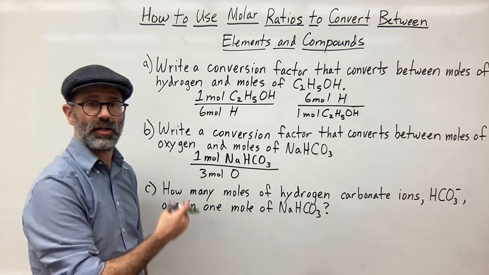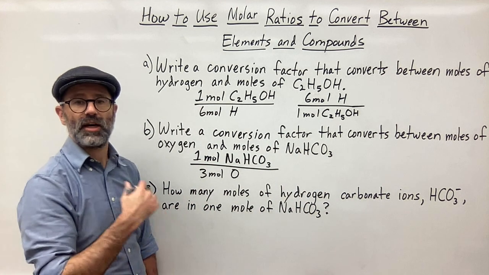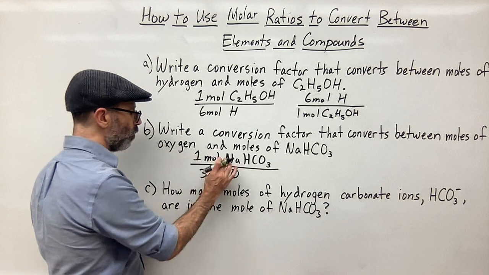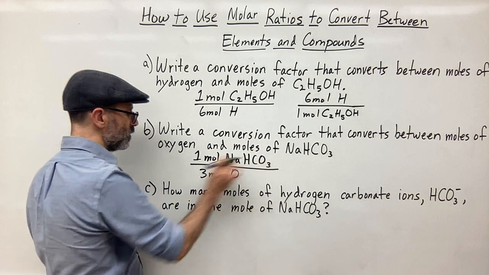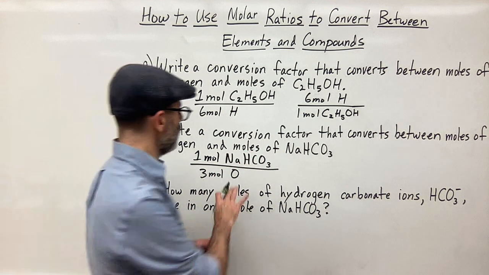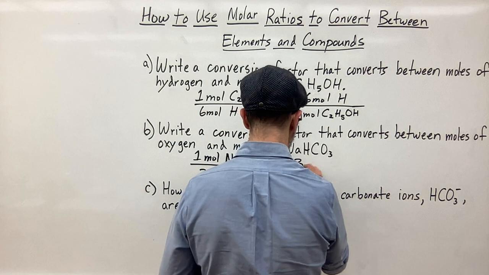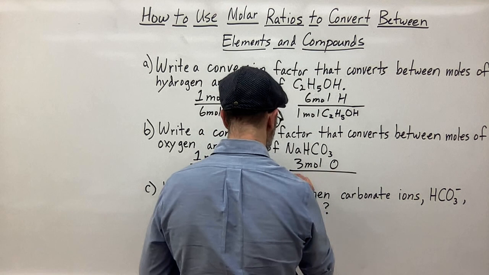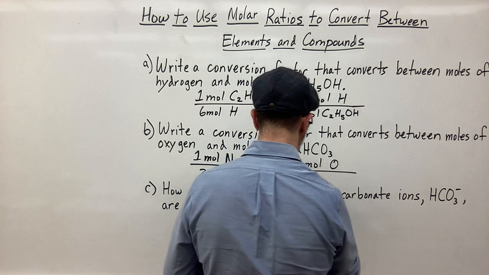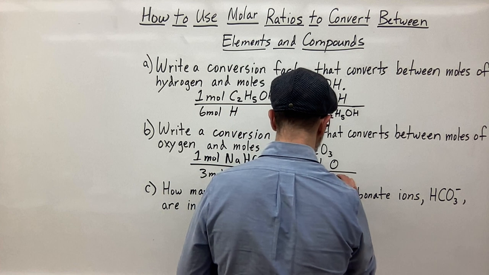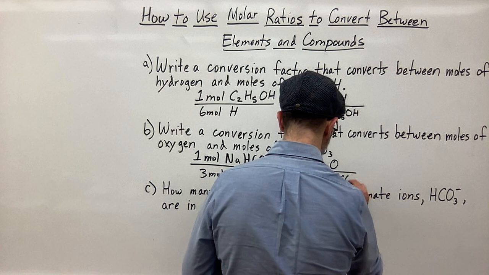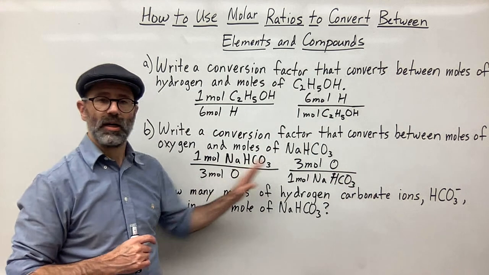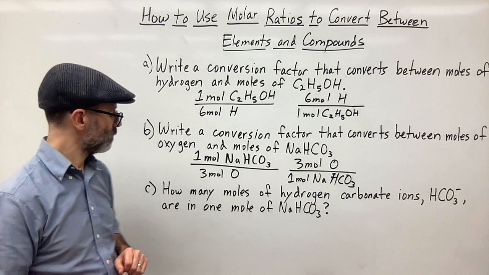And each of those, the 1 to 3, the 2 to 6, the 3 to 9, those are all 1 to 3 ratios. So even if I have a mole, it's still going to be 1 mole of this to 3 moles of oxygen. And then I can flip it, right? So I can have 3 moles of oxygen on top, and I can have 1 mole of the NaHCO3 on the bottom. So both of these are conversion factors that you could use.